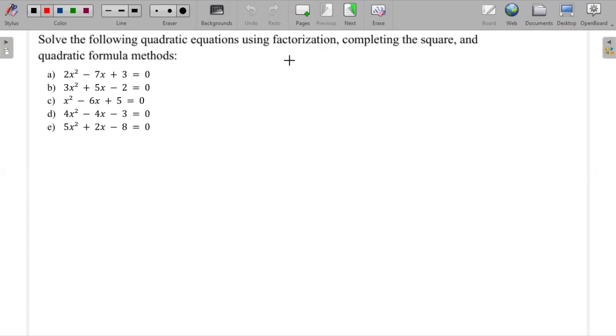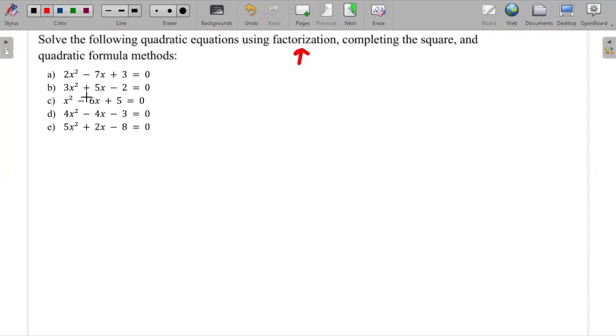The one that has a limitation is factorization. It requires that the quadratic equation has whole number roots, so it's limited in that way. But using completing the square or the quadratic formula, you can find the answers to any quadratic equation. It doesn't have a limitation.